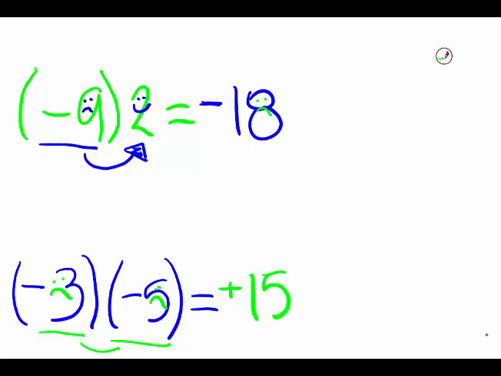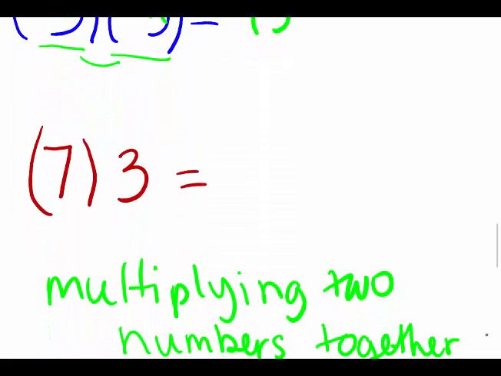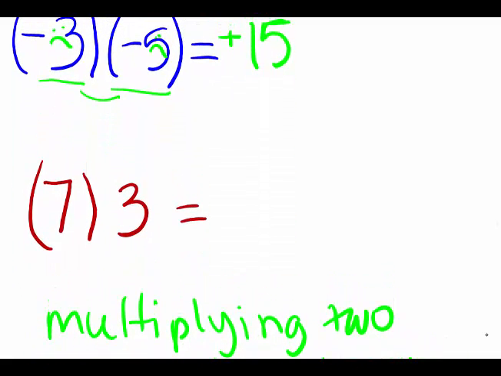So the product of -3 times -5 is 15. And with two positive numbers, you have 7, which is happy, and 3, which is happy. When you multiply them together, they just stay happy. So the answer is still going to be positive, and it's going to be 21.